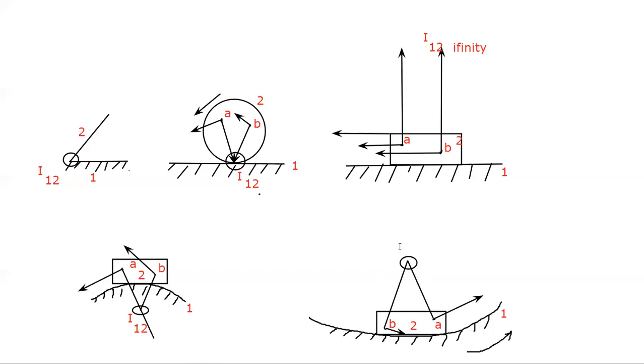Here also, similarly, I'll write I12. The instantaneous center will be located at the radius of curvature. I'll mark both these points; they are known as the radius of curvature.